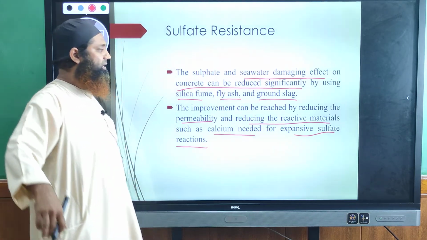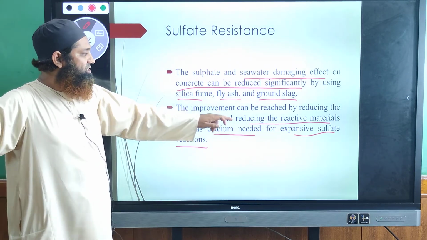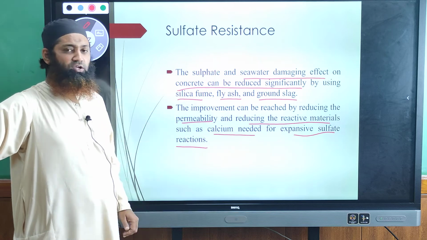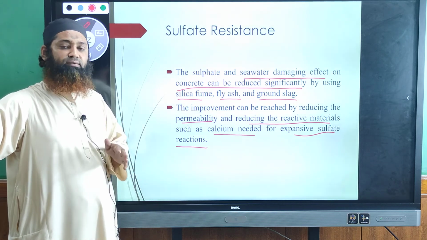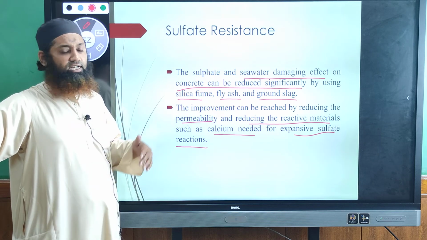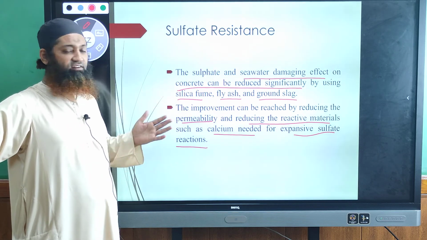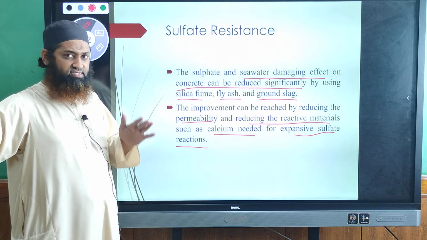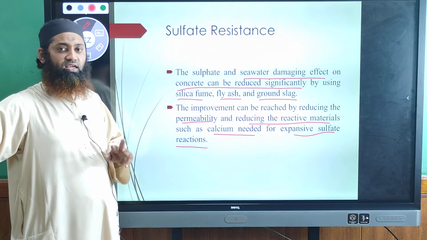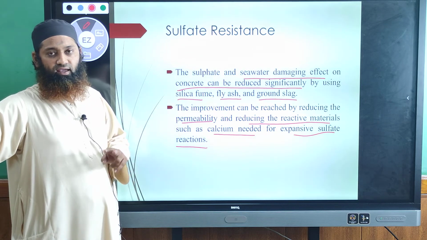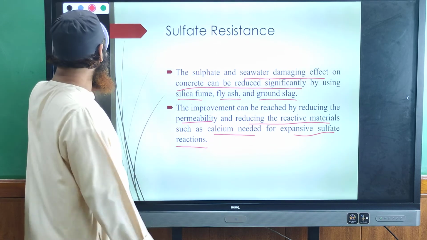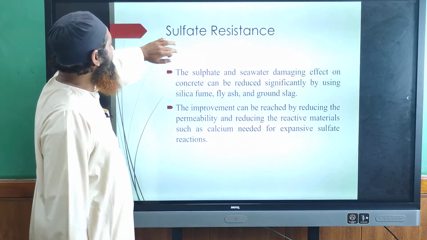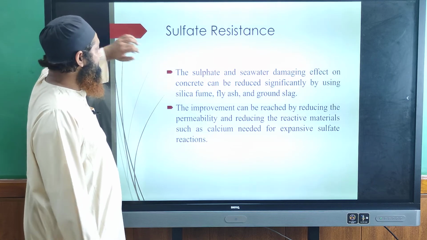The reactive calcium reacts with sulfate. If this calcium content is reduced, then it performs very well in terms of sulfate resistance. This calcium content has to be reduced, because when calcium and sulfate react with each other, it might cause damage to the structure here. So it performs very well in terms of sulfate resistance also.